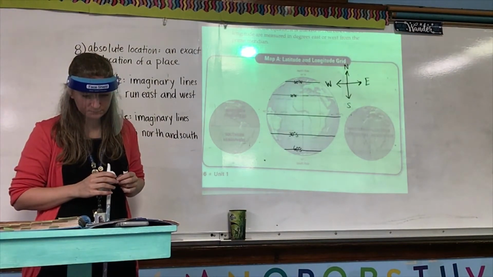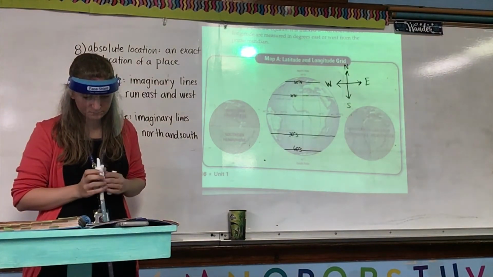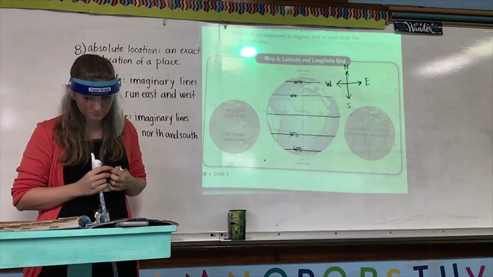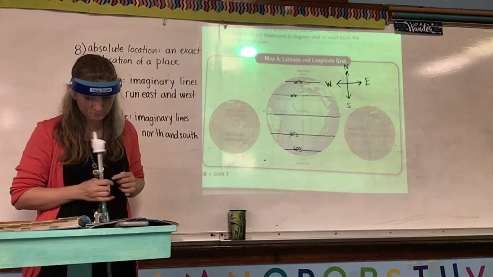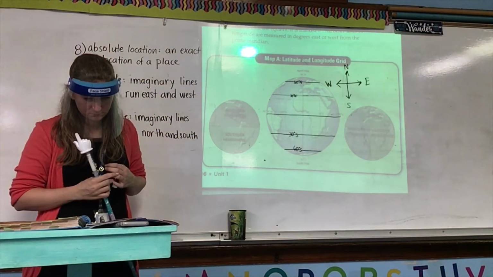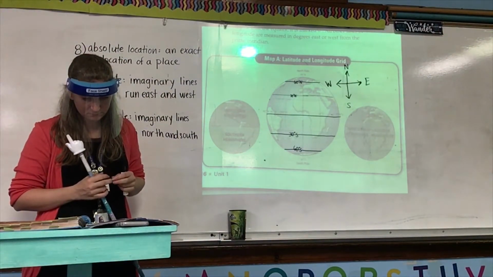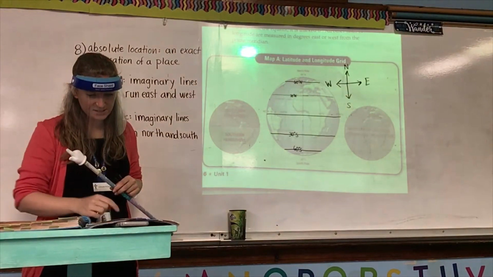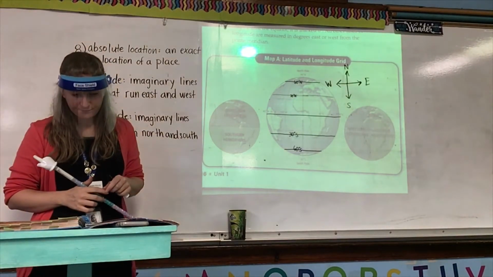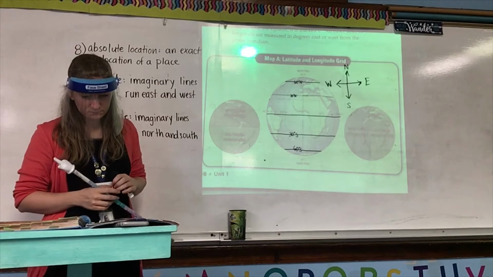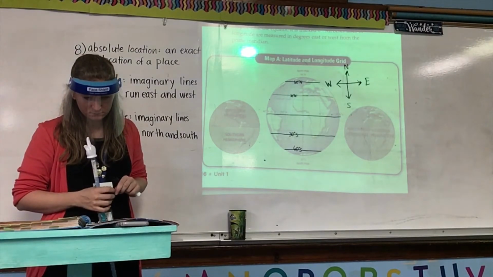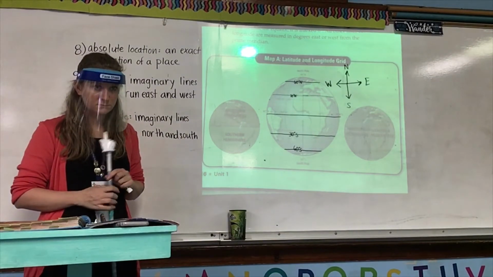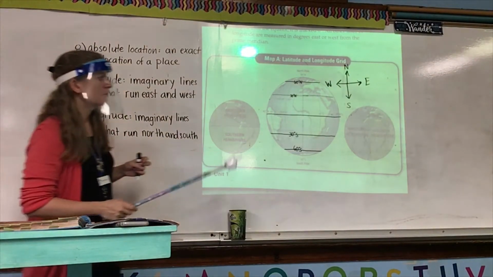Find the prime meridian on map A, like the equator. It is marked 0 degrees. Not on other lines. All other lines of longitude are measured in degrees east or west from the prime meridian.